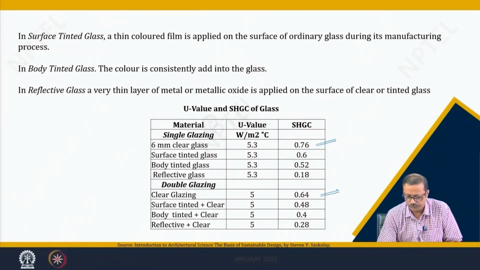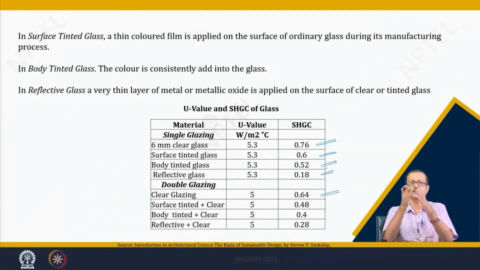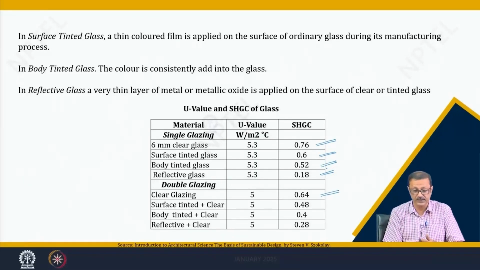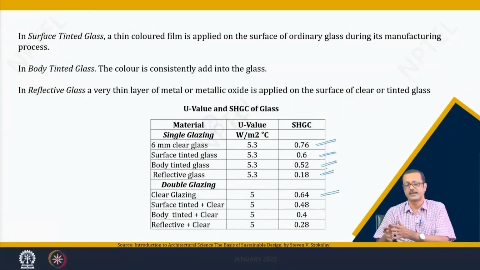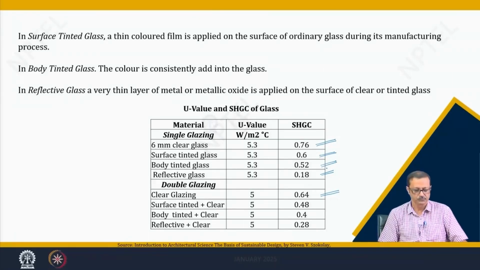So, the values drop, from 0.76 to 0.6, 0.5 to 0.18. As and when the SHGC value drops below maybe 40%, that is always going to be good. In the case of the reflective glass, you see it is 0.18, that means 18% is admission or transmission in and the rest is going out.